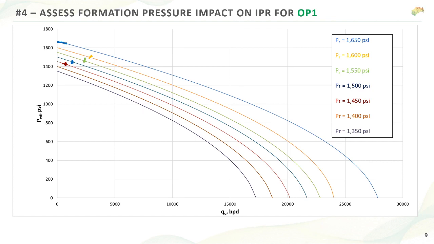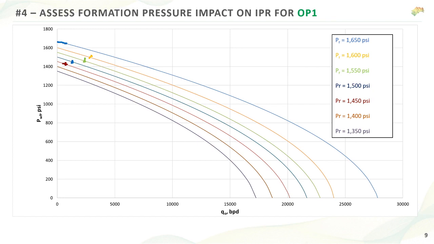Another thing we can deliver is IPR. Now, as we have the whole history of formation pressure, we can build several IPR curves for any given formation pressure. And we can build a model, for example, a Vogel model right here, to fit all this data that we see.